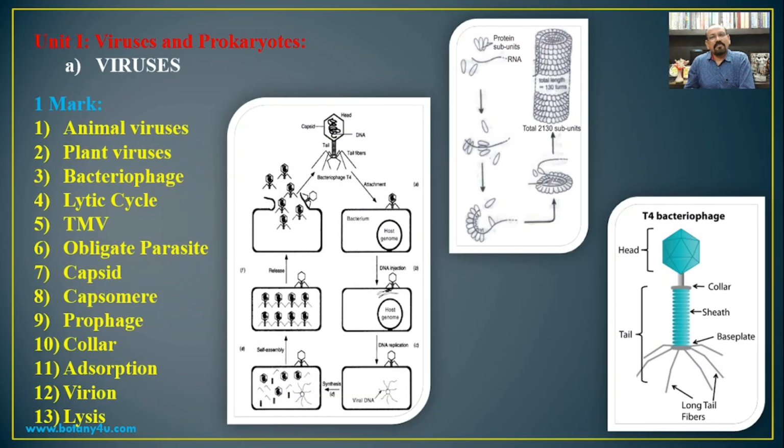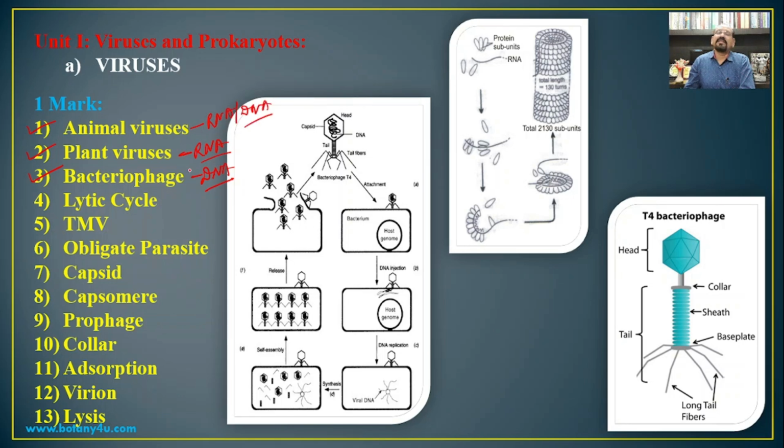In the third type of question, that is 1 mark questions on the viruses, which include the animal viruses, plant viruses and bacteriophages. Very commonly, the plant viruses are RNA viruses, bacteriophages are DNA viruses and animal viruses are RNA as well as DNA viruses.